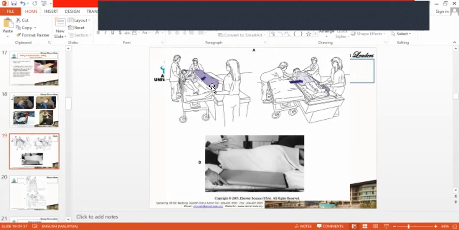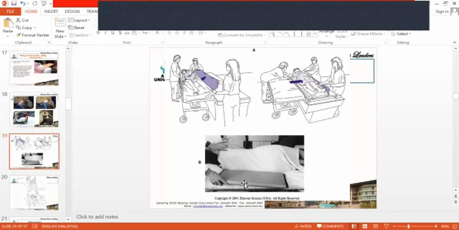So here what you do is, you will be using a rollator. This is a rollator which will have rollers inside. Inside this cloth, if you see, there will be rods which can spin on an axis.